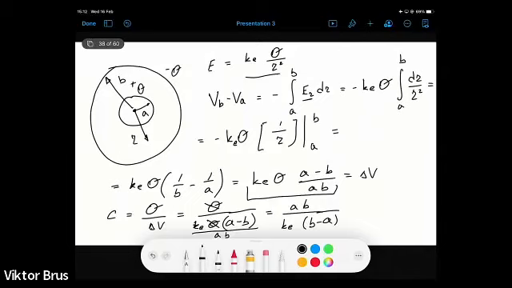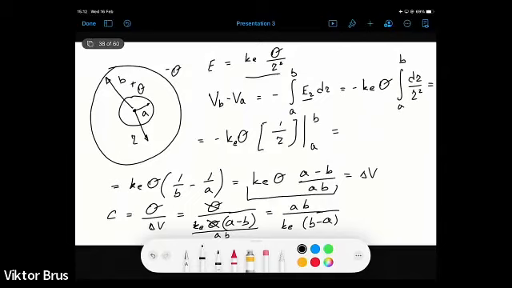Again, it is only about geometry. So we deal only with the radius of the central and external electrodes. Nothing else defines capacitance besides these two parameters.